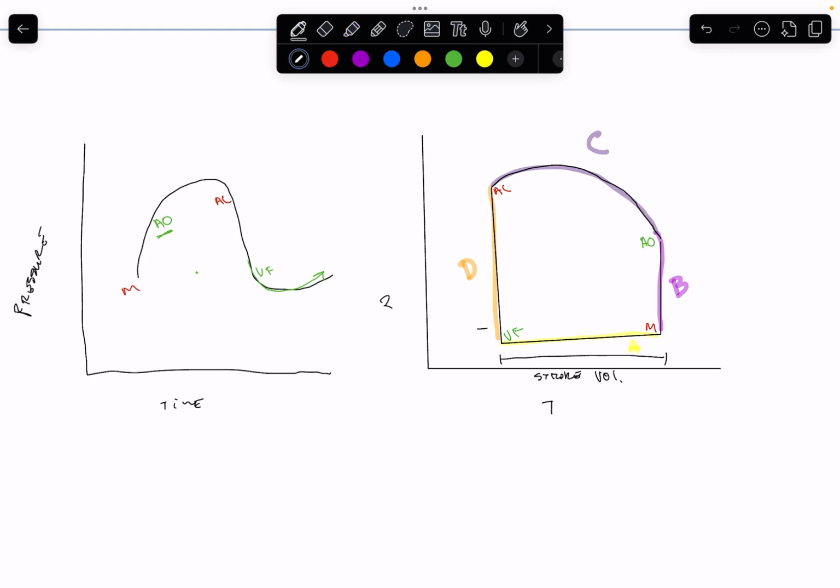So this side right here, D, was what we call isovolumic relaxation. And this is when the heart is not contracting, so it's in diastole, and there is no change in volume.